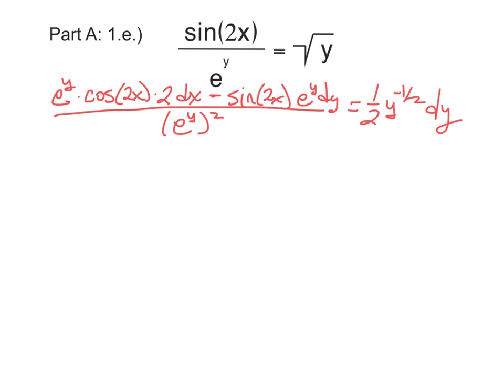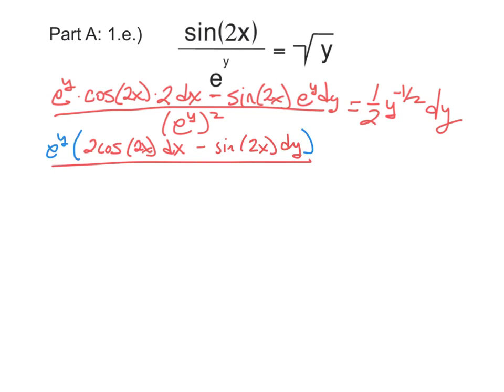So what I'm going to do is factor out that e to the y, and we'll be left with 2 cosine of 2x dx minus sine of 2x dy. All of that's going to get divided by e to the y squared, which is e to the y times e to the y.